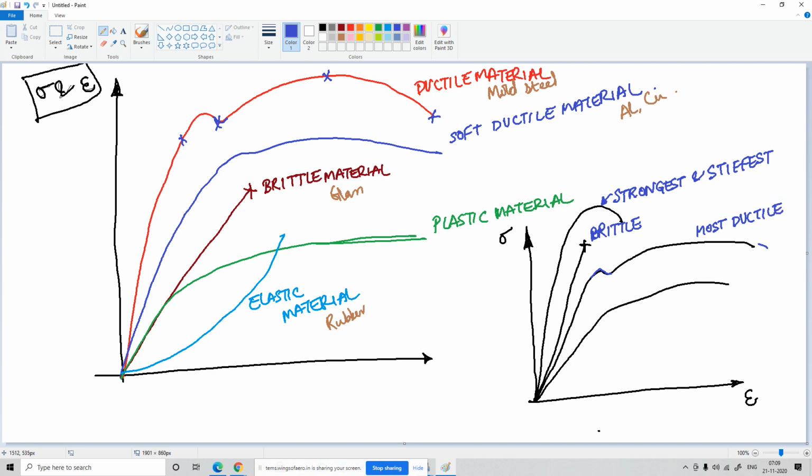The one which doesn't have any curves or bends, and strain increases as we increase the load, represents the softest ductile material. Okay, noted.